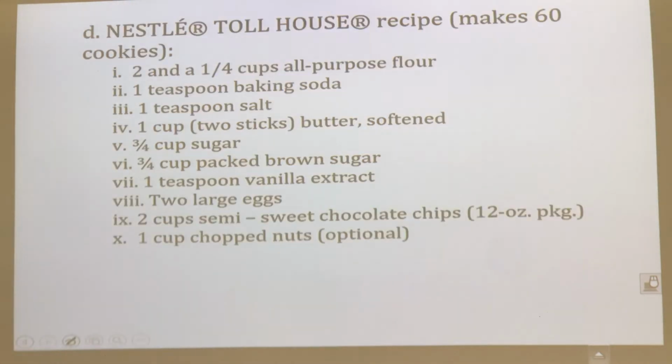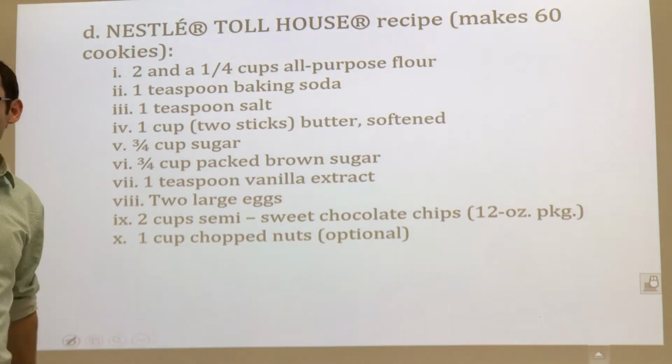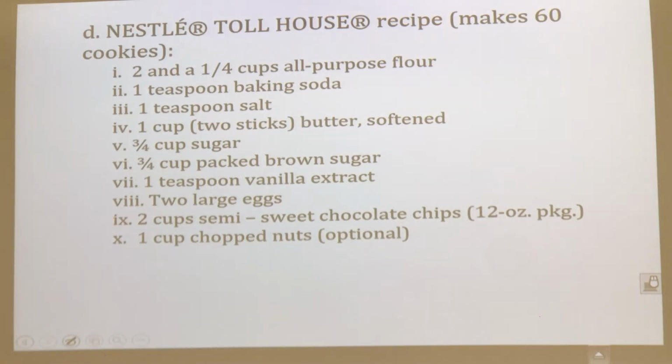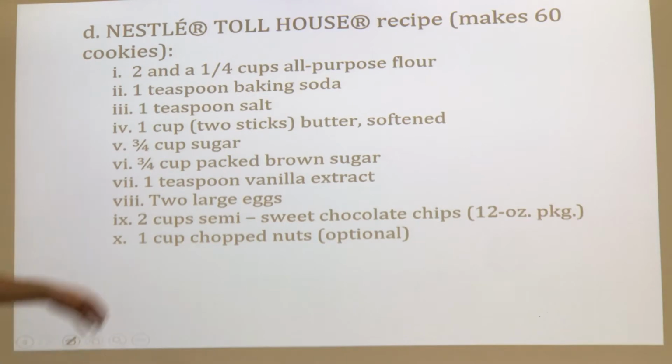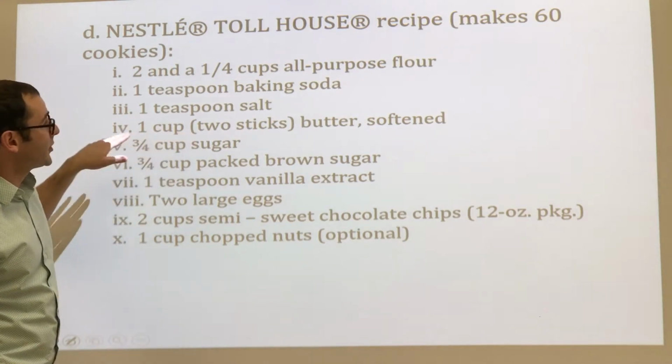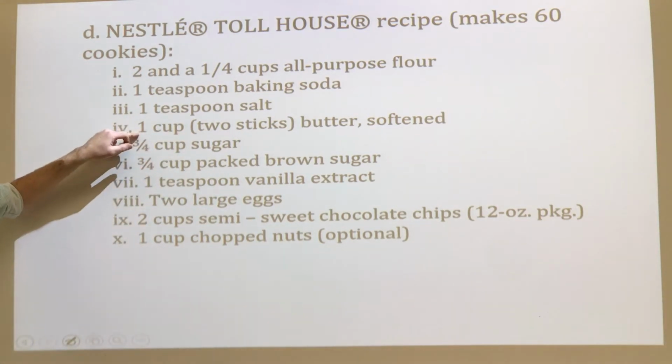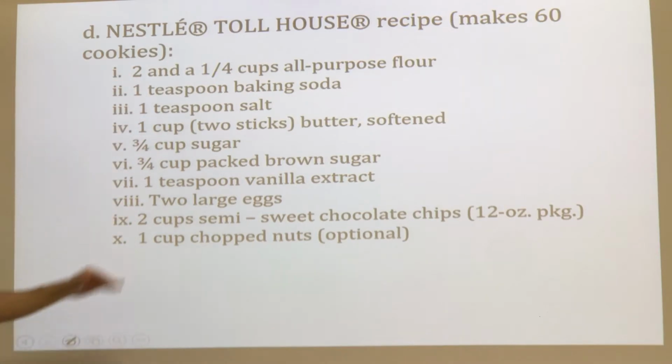So if there's only one stick of butter, how many cookies can we make? I don't know if with one stick of butter we can still make 60, right? We could only make 30, right? Or you could make 60 tiny cookies, I guess, but that's where they're changing things here, right? We could make 30 because we would only have half of this, but we had more than enough of everything else, right? Okay, that makes sense, right? It's the whole ratio thing.